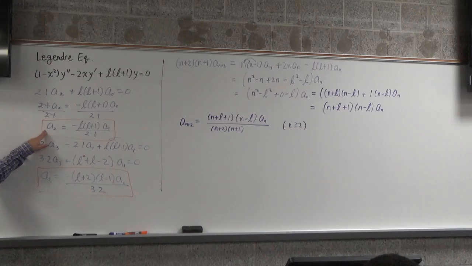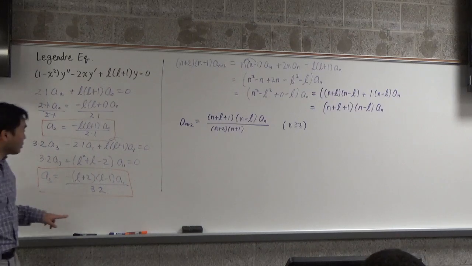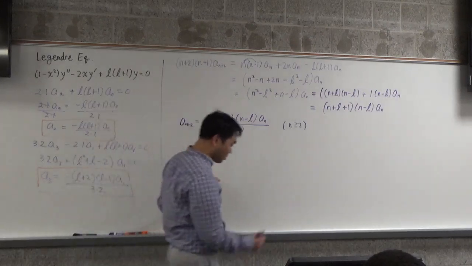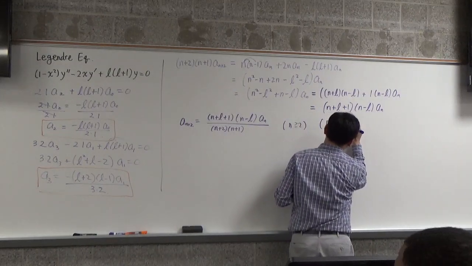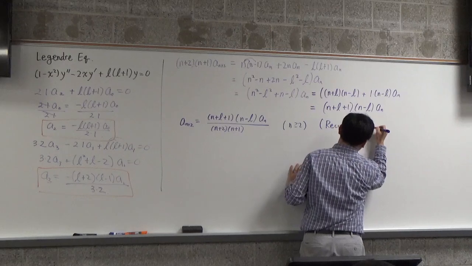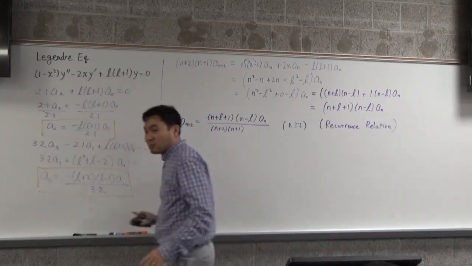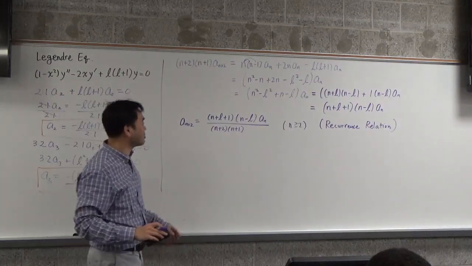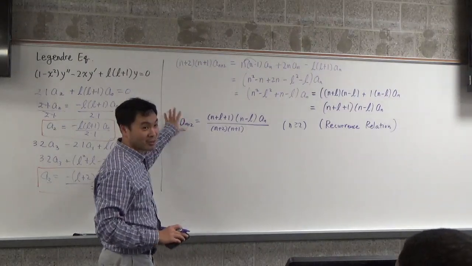And then you figured out what a2 is, we figured out what a3 is. And after n equals 2 or later, you can use this recurrence relation. Remember, we called this the recurrence relation. On the exam, I might put some relatively hard question and then just ask, find the recurrence relation. In that case, you just stop here, okay?